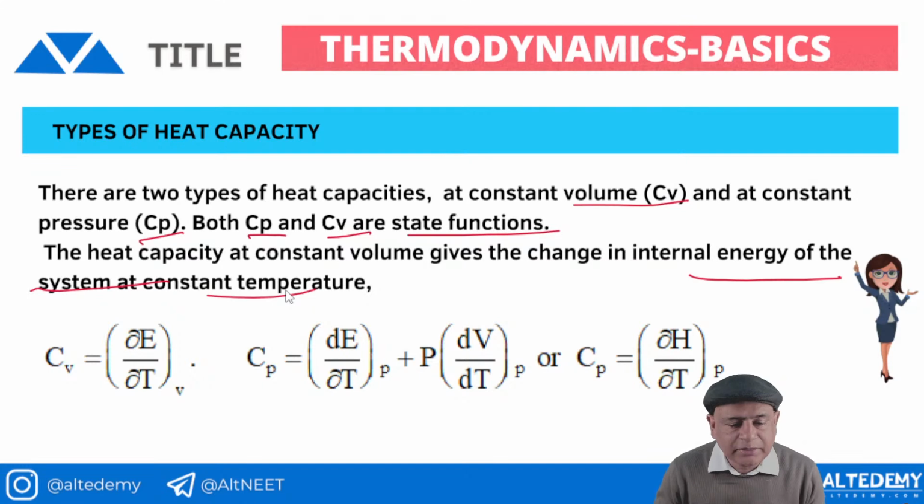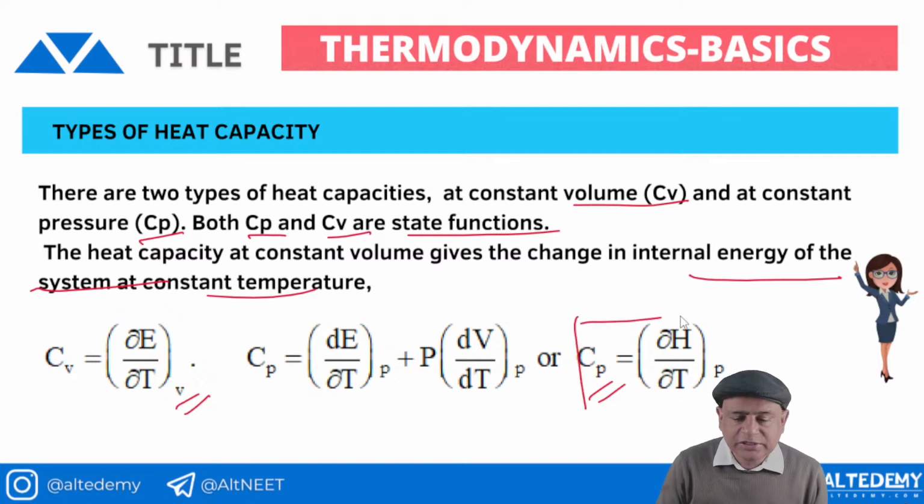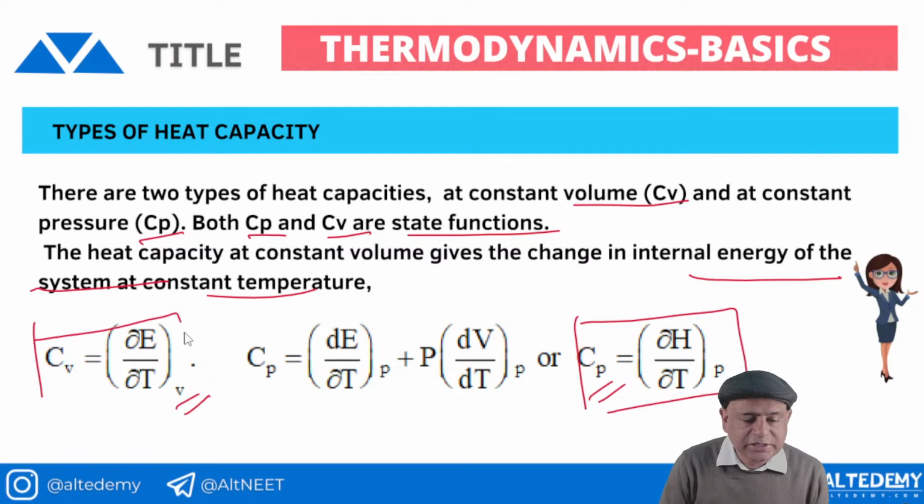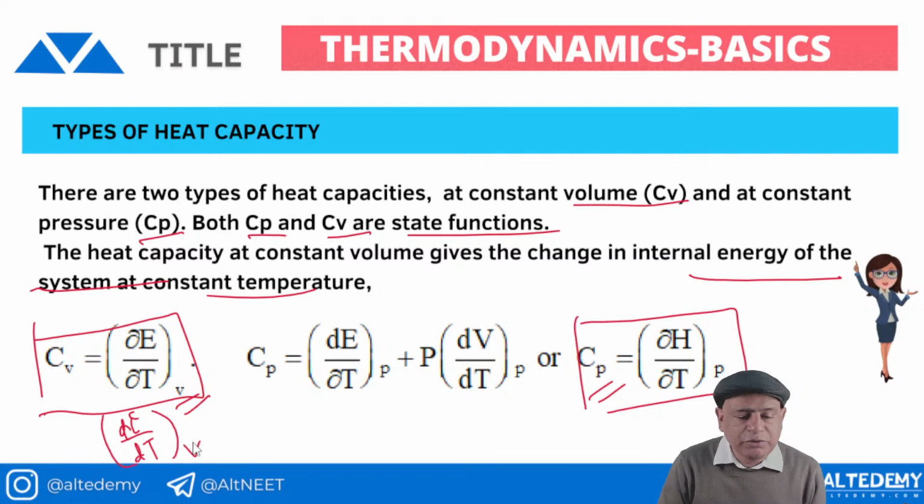Look here, partial derivatives have been used. CV is the partial derivative of E upon partial derivative of T at constant volume. And we use another term, Cp, del H by del T at constant P. This expression is important for you. This del E by del T is actually equal to dE by dT, but because we want to observe things by keeping something constant, we use the term V here, and the sign is also twisted slightly.